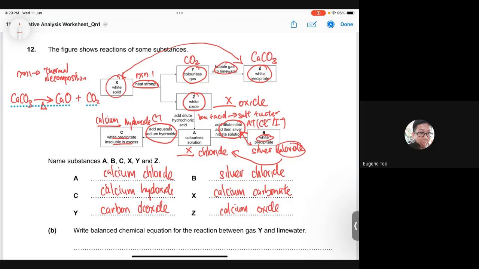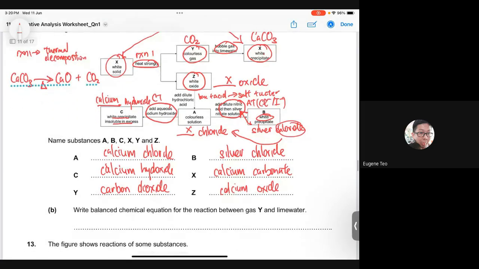the oxides themselves. Okay? Now, write a balanced chemical equation. This is not an ionic equation, this is a balanced chemical equation for the reaction of gas Y and lime water. So gas Y, we know, is carbon dioxide gas. Lime water is calcium hydroxide. I know that calcium carbonate will be formed. So actually, we look at it here.